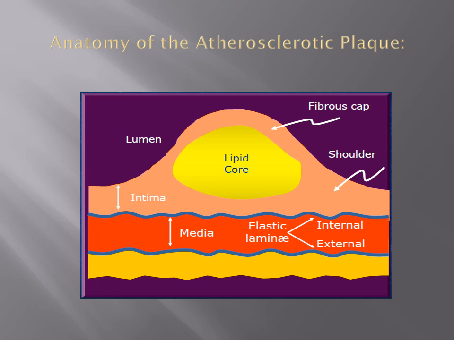On the other hand, the other type is called unstable plaques: thin fibrous cap, lipid rich core, and weak shoulder due to infiltration by macrophage cells and inflammatory cells. The second type is very liable to rupture, leading to acute coronary syndrome.